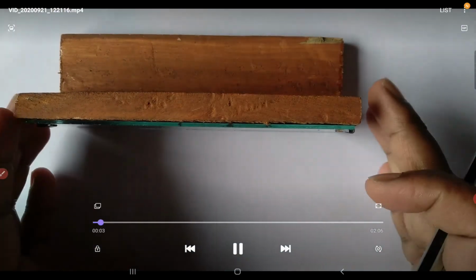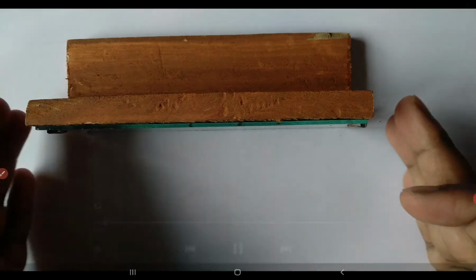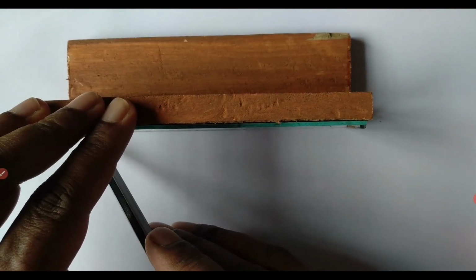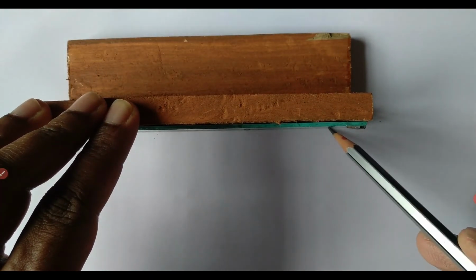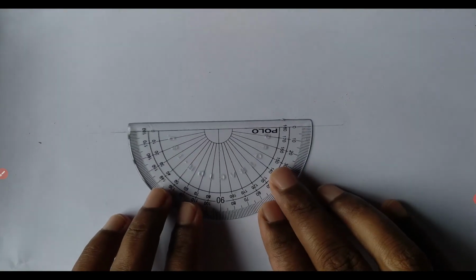Now to do this experiment, you can see that the paper is already fixed on the board, and I am taking a mirror such that I need to draw a line on which it can be placed afterwards. So I am drawing that line. Now with this line I am supposed to draw a normal that will also represent a normal for the mirror.